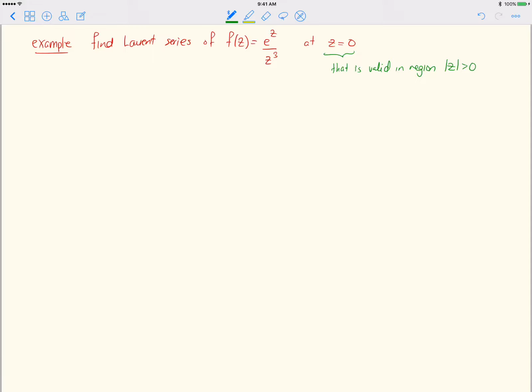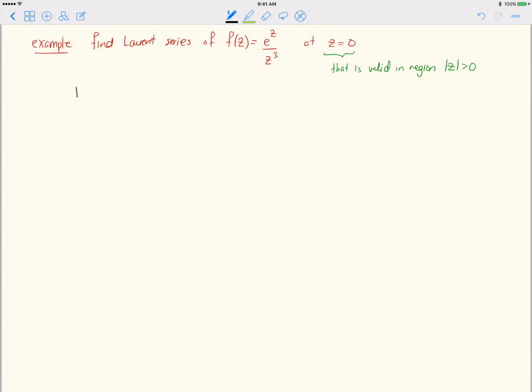In this case, because the function doesn't have two or more singularities, I don't have an annulus like the one I drew in the previous case. I'm just considering the case when the modulus of z is greater than 0. In any case, whichever way the question is worded, they both mean the same thing. Now, how do you actually do this question?